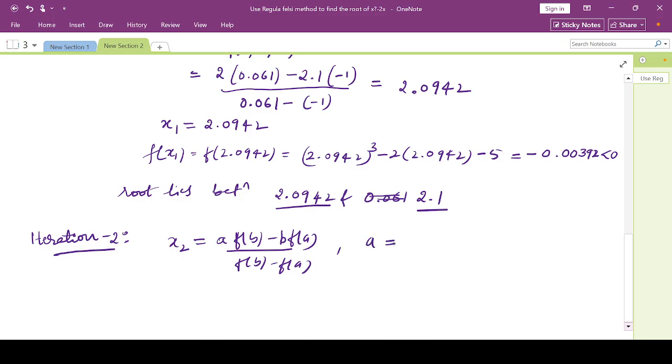Here the value of a is 2.0942, and b value is 2.1. Correspondingly f of a, by substitution of 2.0942, we will get minus 0.00392, and f of 2.1 we have already calculated. f of 2.1 is 0.061.